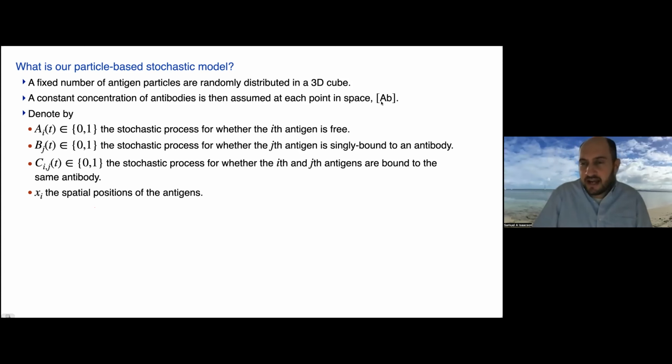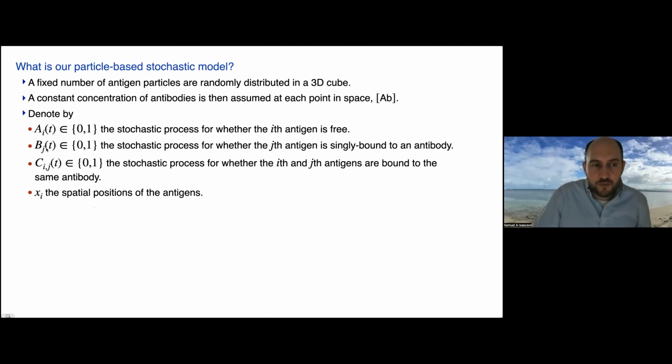We assume then that throughout the whole volume, there's a constant concentration of antibodies. And then we keep track of a collection of stochastic jump processes of this form. One set of them gives us the state of the ith antigen. So this is 1 if the ith antigen is free at time t and 0 if it's not free.